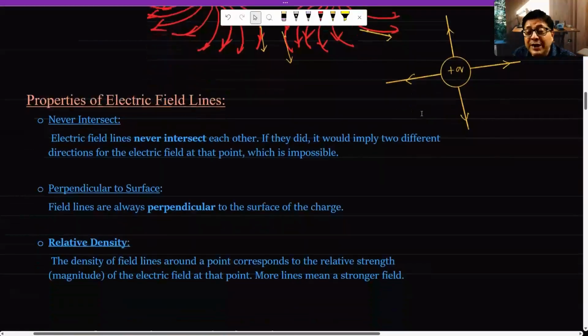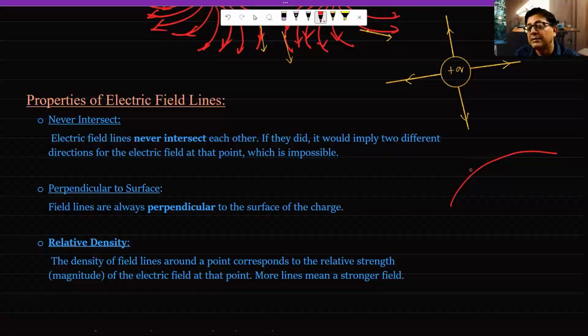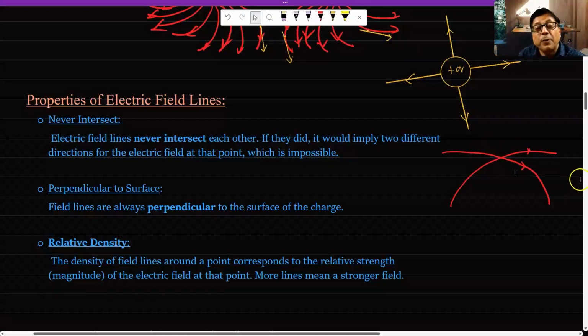So if you think that two lines of forces are intersecting, we are assuming, by contradiction, that two electric field lines are intersecting in this manner. This is a field line, okay? This is another field line. This we have drawn. Arrow you have to put. Along the direction of arrow, the positive charge will move.